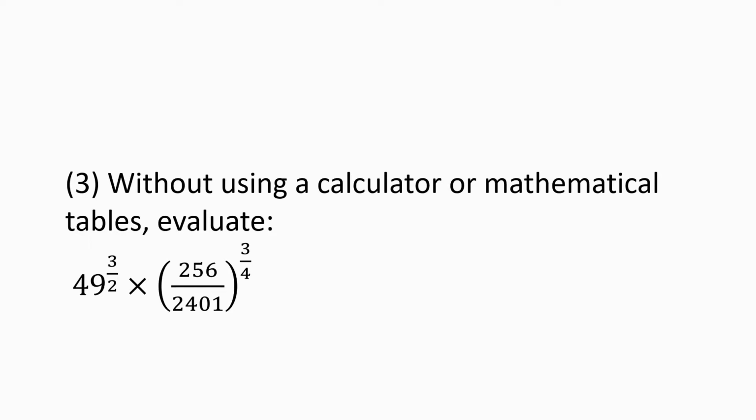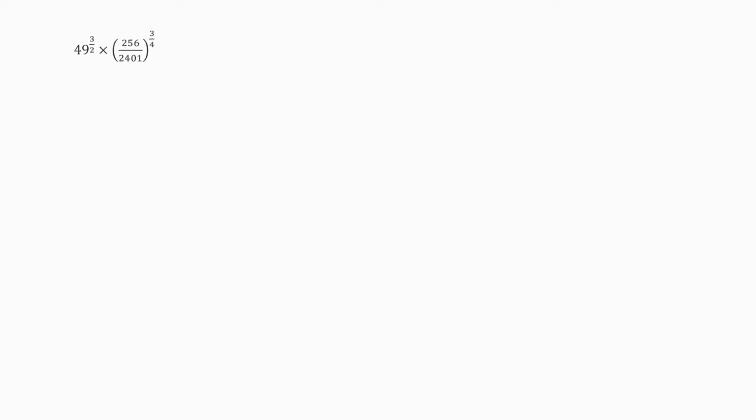Question 3. Without using a calculator or mathematical tables, evaluate 49 raised to power 3 over 2 times 256 over 2401 raised to power 3 over 4. So we need to evaluate this without a calculator or mathematical tables. The first step is to factorize the whole numbers, and we start with 49.